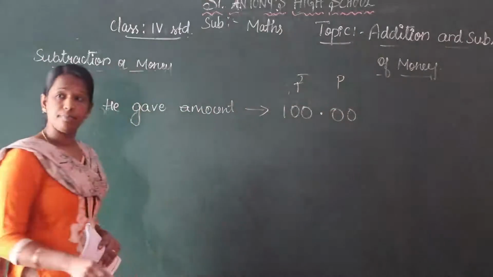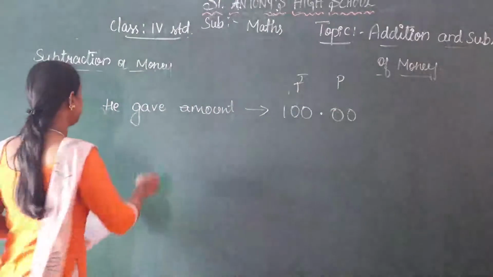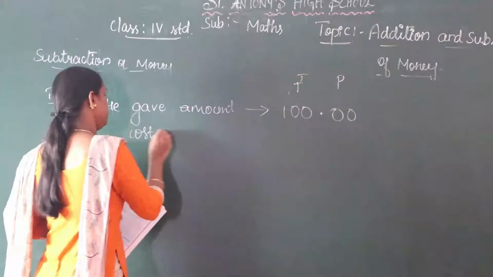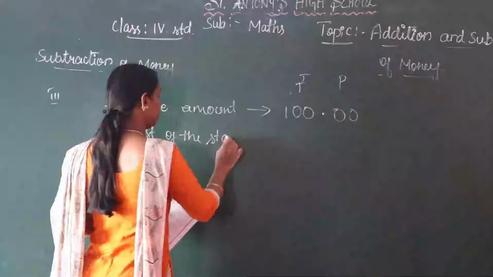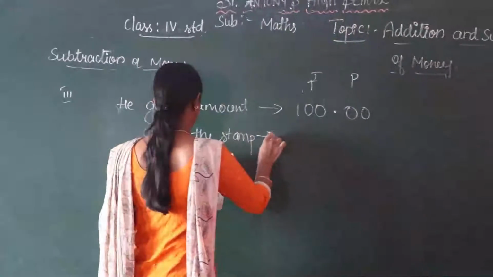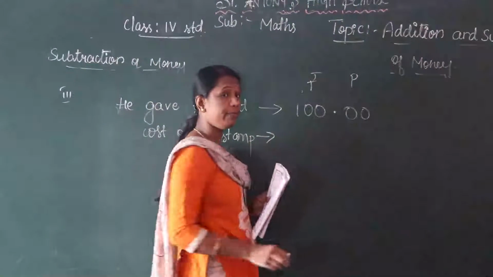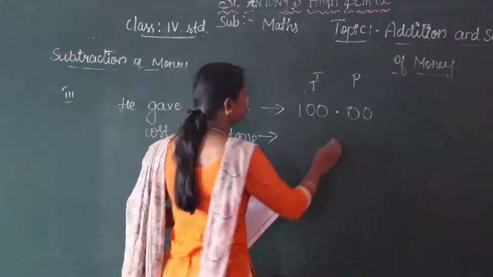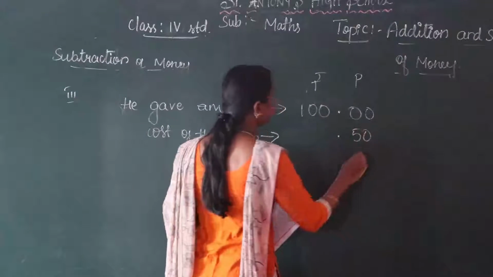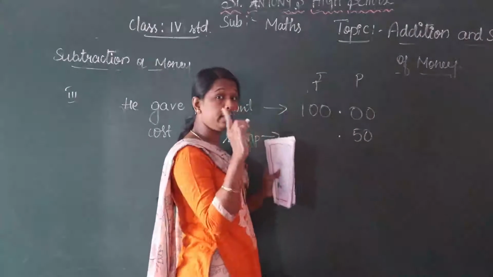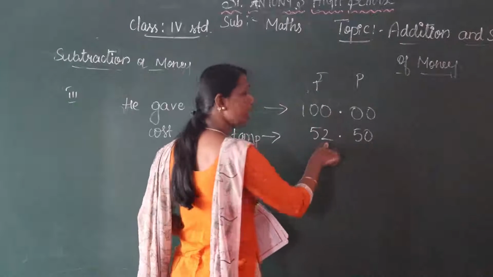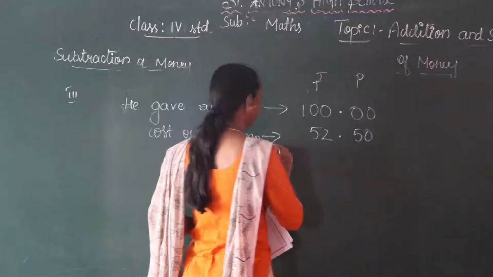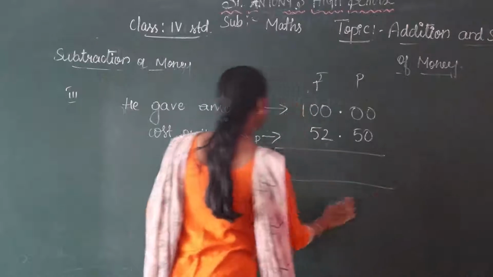But the cost of the stamp is how much? That is rupees 50 paisa. So you must write the paisa 52 right in the correct places. So 2 in the unit place, 5 in the tens place.